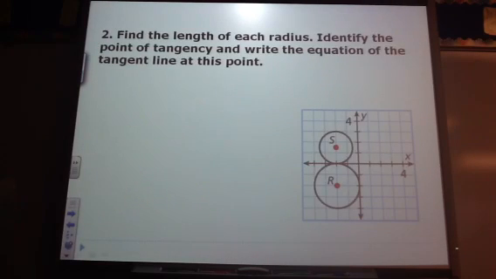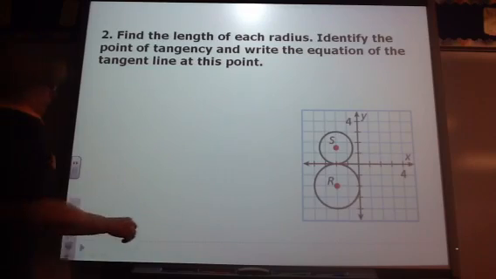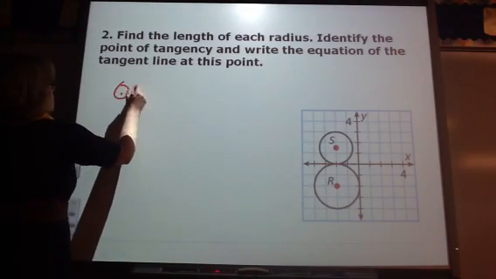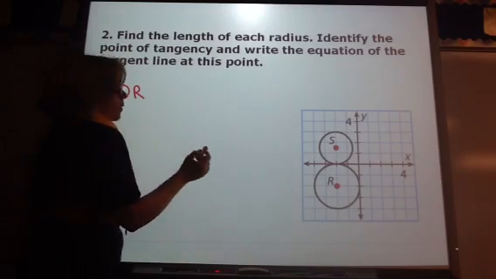Alright, find the length of each radius, identify the point of tangency, and write the equation of the tangent line at this point. Okay, so for circle R, we need to find the radius.